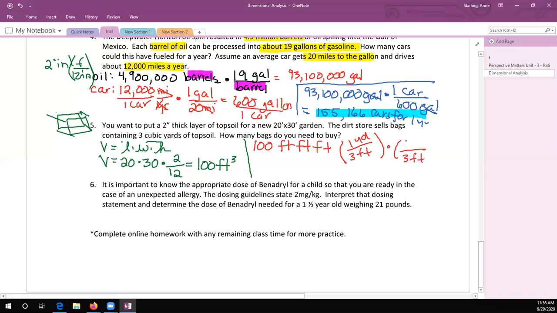So 3 feet, 1 yard, 1 yard, 3 feet, or do the 100 divided by 27, which is 3 times 3 times 3. The reason we're doing it 3 times is because we have 3 sets of feet. You can't just do it once. It's got to be feet divided by feet 3 times. So that gives us a total of 3.7 cubic yards that we need in the garden. Bags are sold as 3, so you would need a total of 2 bags to complete this.